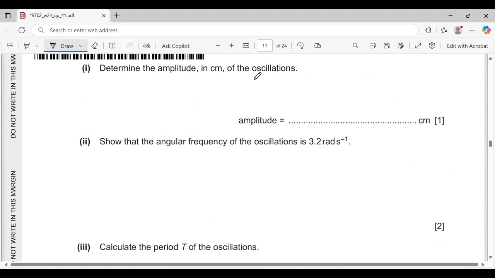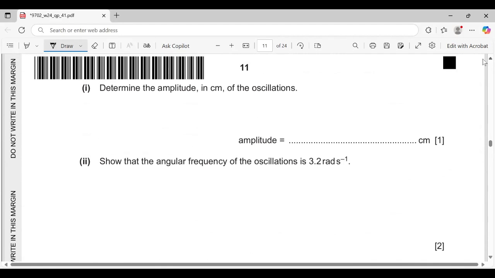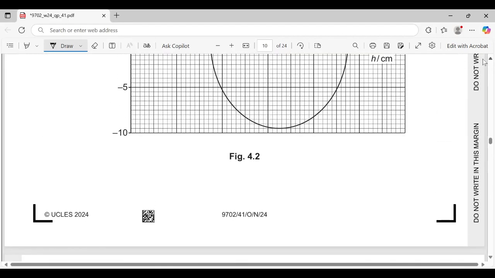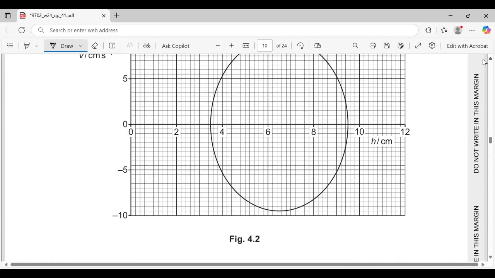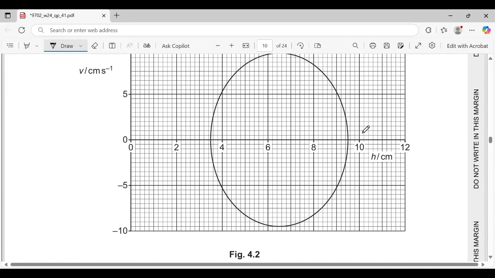The question: determine the amplitude in centimeters of the oscillation. For the amplitude, we are going to use the information regarding the maximum height. The maximum height is 9.5, and the minimum is 3.5.